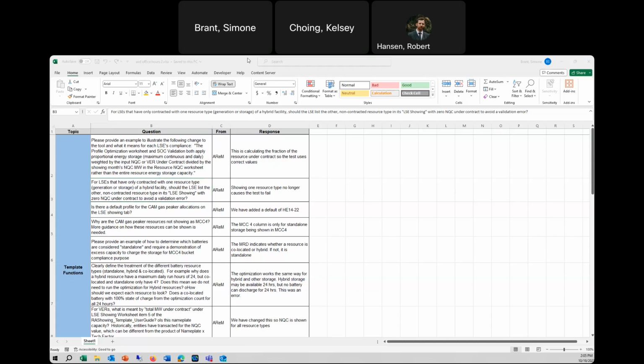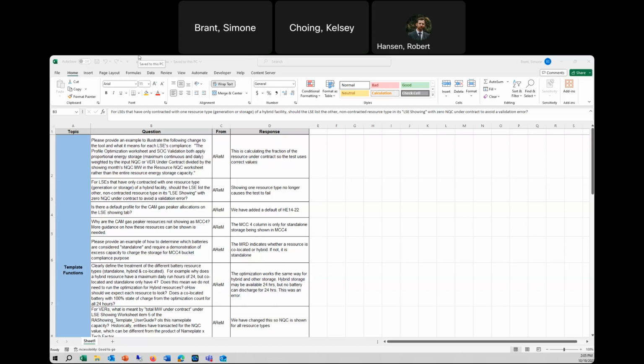Some users were concerned that storage resources in the optimization were taking a long time to reach 100% state of charge, because the available storage energy was much larger in proportion to the fraction of the resource's capacity that was shown on the LSE showing tab.